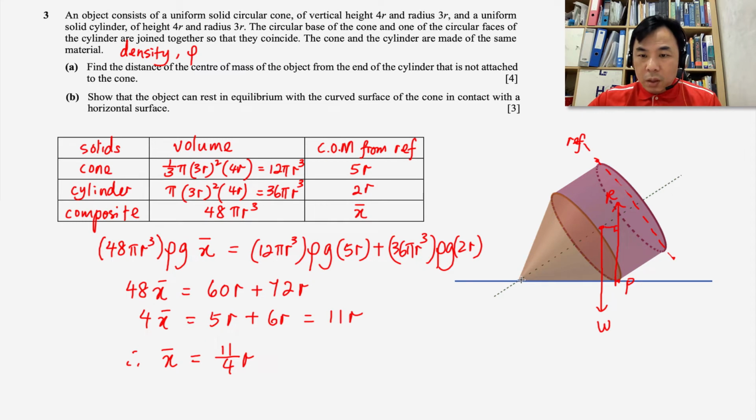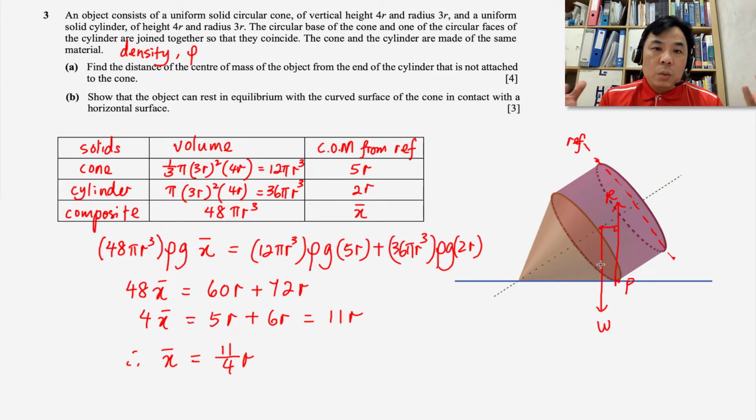But because this whole area is in contact with the surface, no matter how the cone is going to rotate counterclockwise, it will still stay on the surface, unless this weight is just super huge, then it may actually sink into the horizontal surface, right?